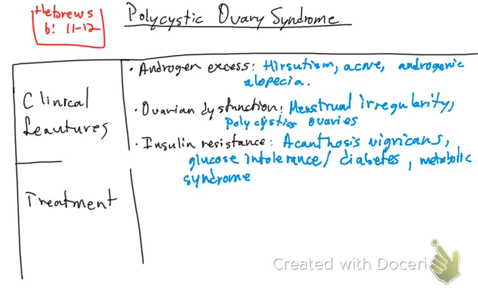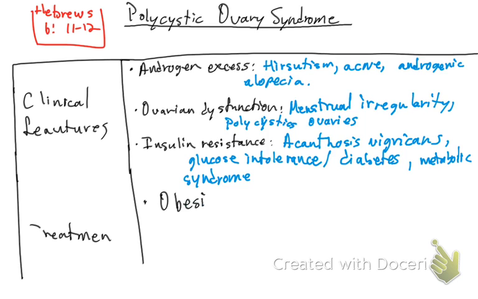The other one that we can mention here is that the patient can present with obesity. So the patient with polycystic ovarian syndrome, obesity is one of those causes.